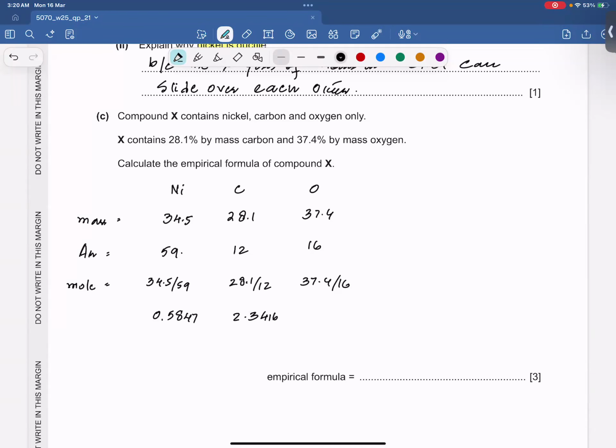Then 37.4 divided by 16 is going to be 2.3375. Now 0.5847 is the least value. So to get the simplest ratio, we need to divide all the values by the lowest value.